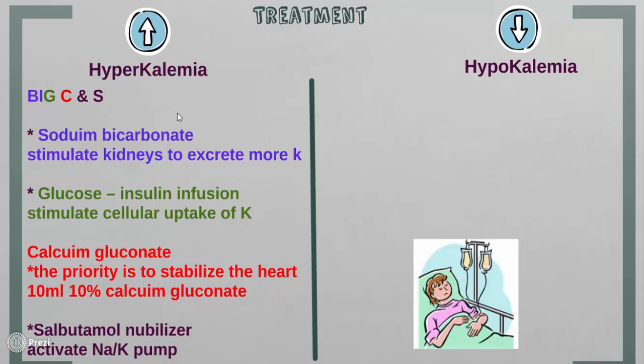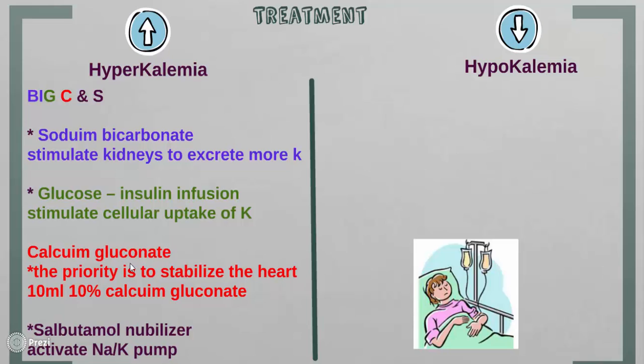So this is the concept of treatment in hyperkalemia, which is an urgent situation. In Big C and S, the first one is BI, sodium bicarbonate, which stimulates the kidney to excrete more potassium in urine. Also the G for glucose insulin infusion, which stimulates cellular uptake of potassium back into the cells.